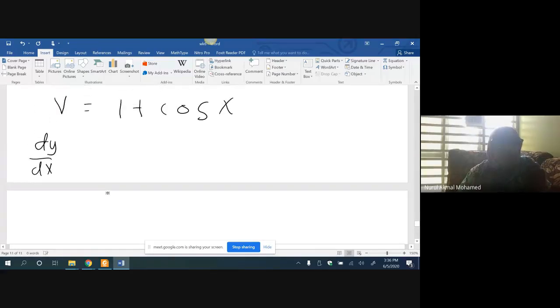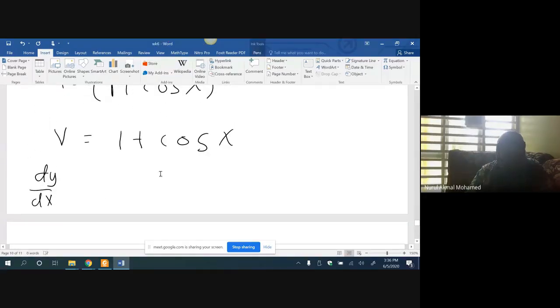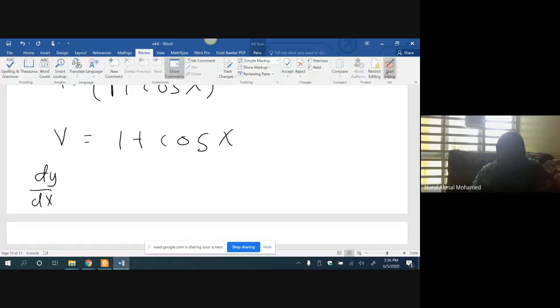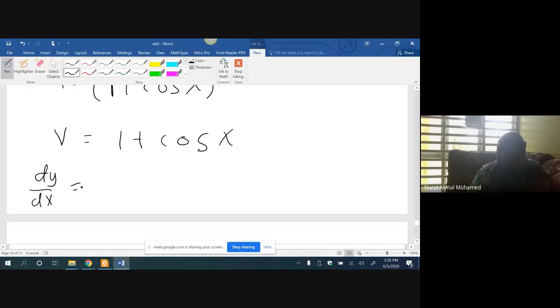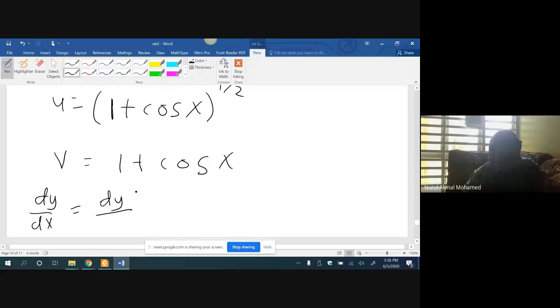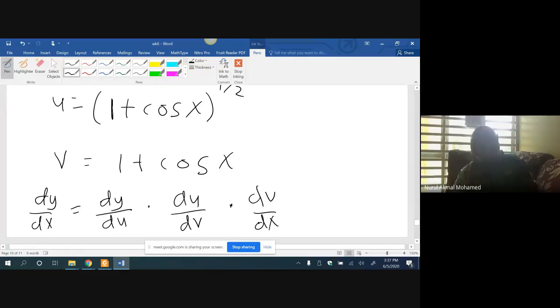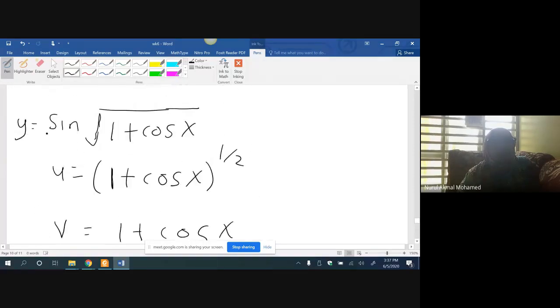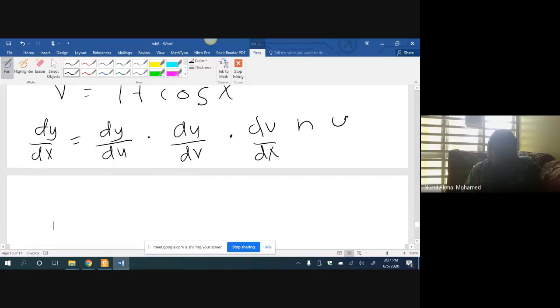Okay, good. dy dx is equal to dy du multiplied with du dv multiplied with dv dx. So this is the chain rule. Your y is equal to sine u.